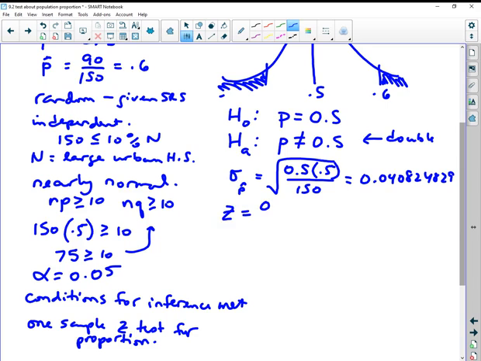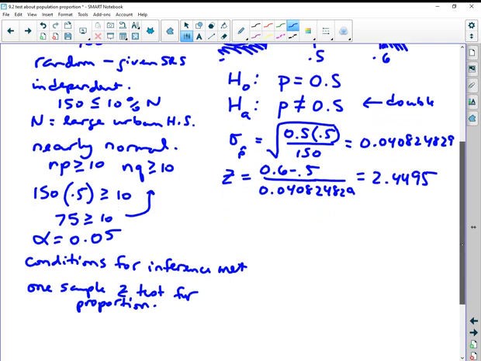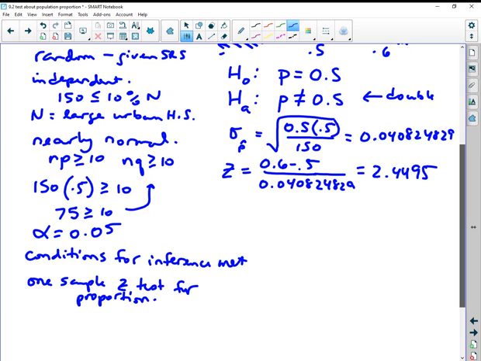My z is the statistic minus the parameter over the standard deviation of my statistic, which is 2.4495.